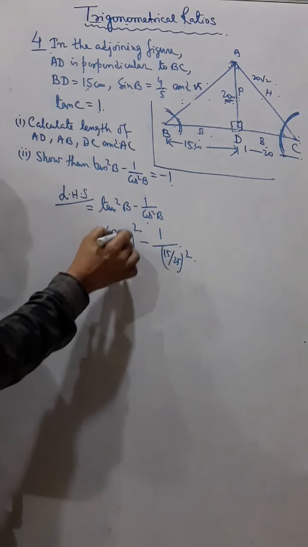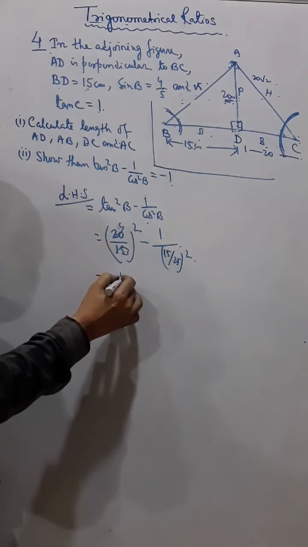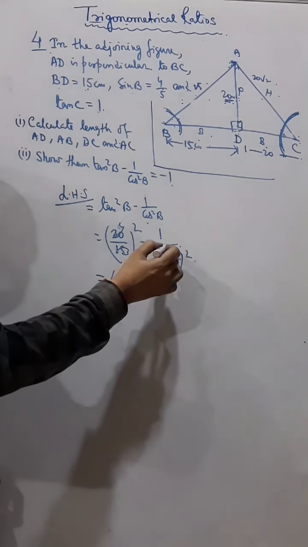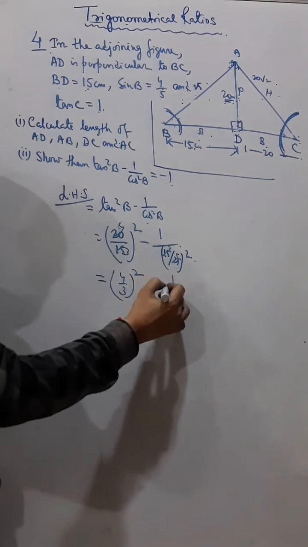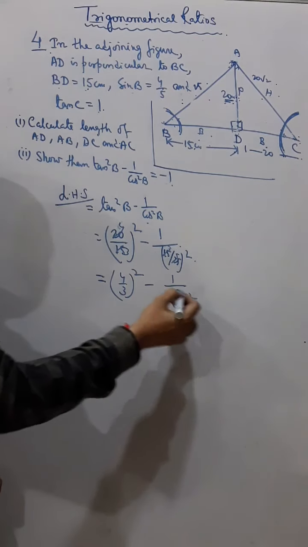So now this 20 and 15, 5 4s are 20 and 5 3s are 15. So what you got here? 4 by 3. And here also 5 3s are 15 and 5 5s are 25, minus 1 by what you got? 3 by 5 and whole square, and then you will solve it.